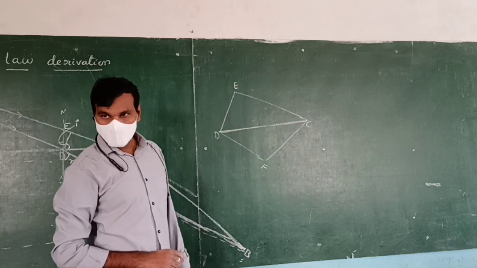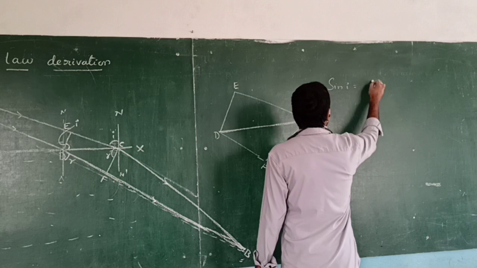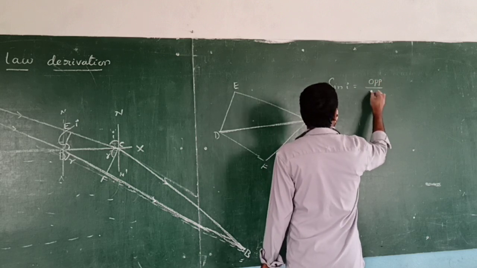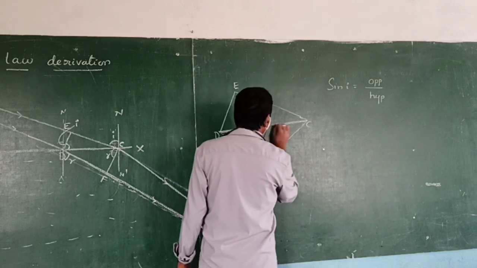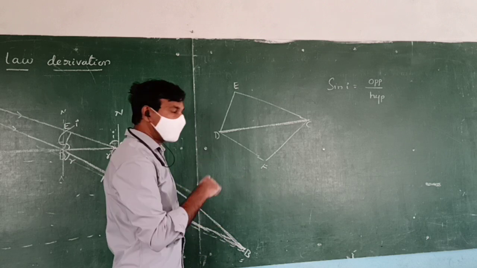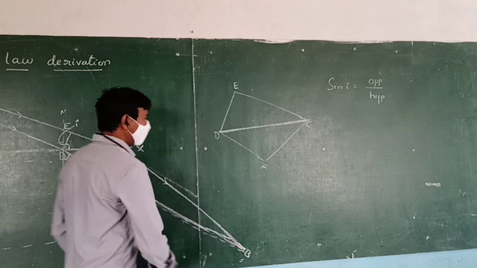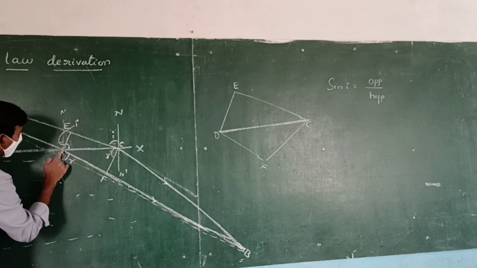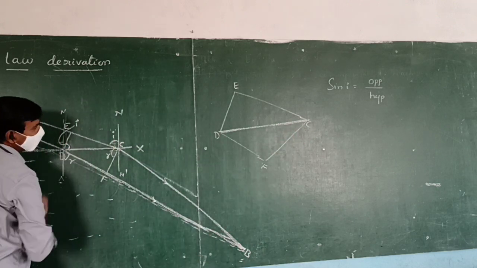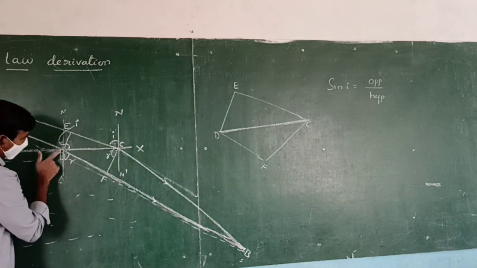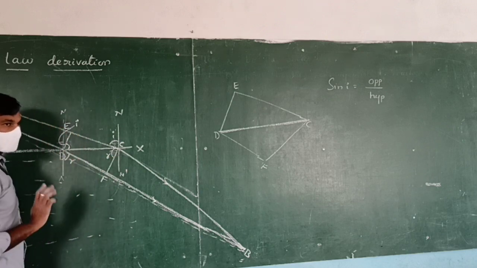According to trigonometry, sine equals opposite side by hypotenuse. So DC is the common hypotenuse to triangles DEC and DFC. All clear?